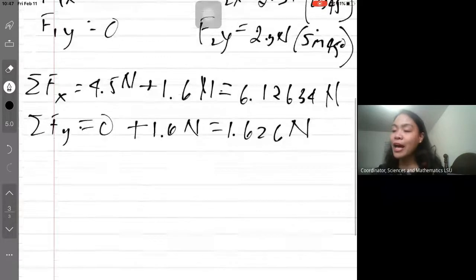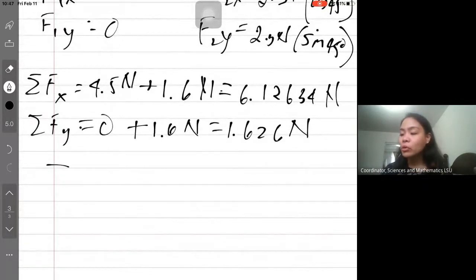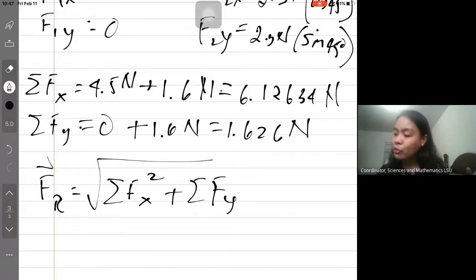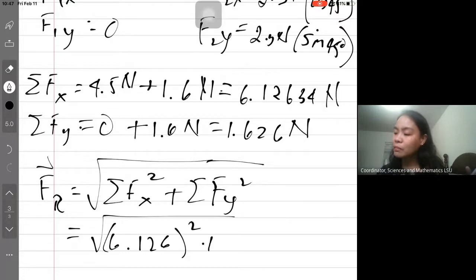Okay, now after that, you are going to get the resultant force. For the resultant force, I'll just use FR. It is equal to the square root of the summation of Fx squared plus the summation of Fy squared. Alright, so just get the square root of 6.126 squared plus 1.626 squared.